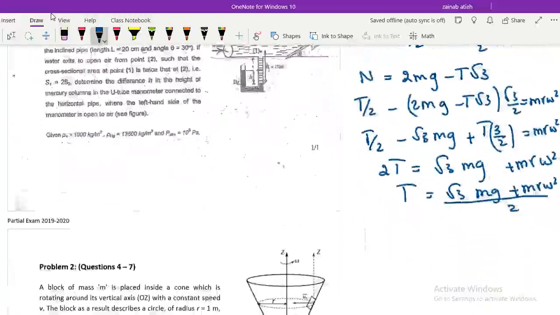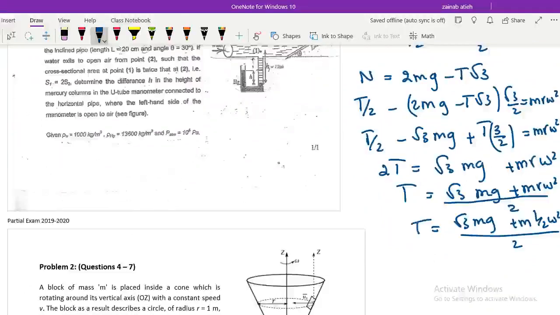So here I can replace it: T equals radical 3 mg plus m L over 2 omega squared, all of it over 2. This is the tension. Now I have the tension, and I can substitute to find N. I won't do it, so you can do it on your own. So this is the solution of this problem.